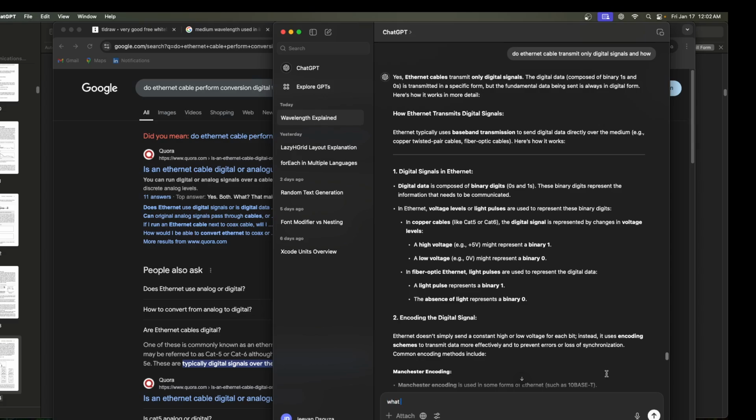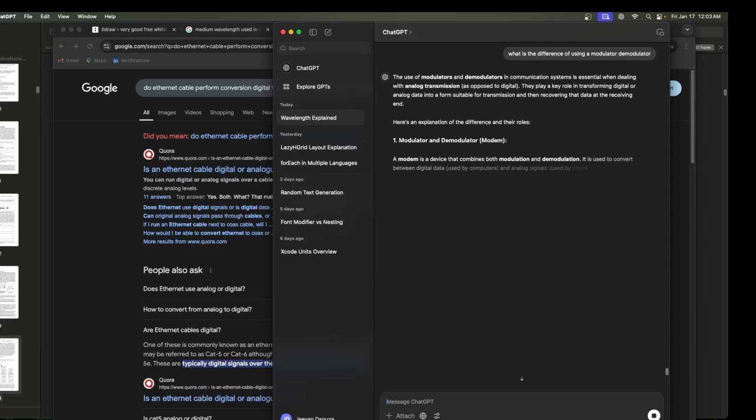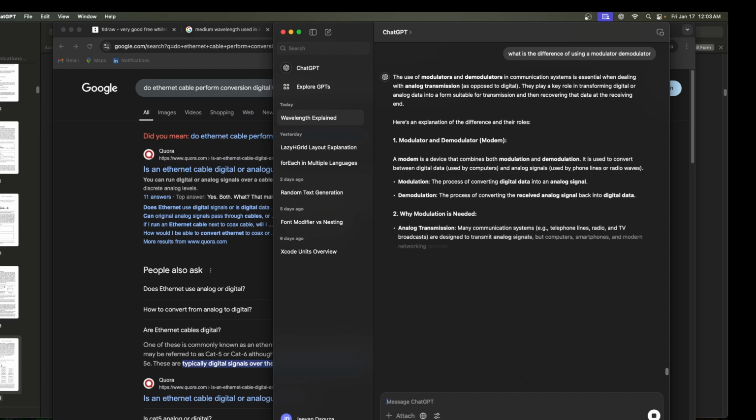So what is the difference of using a modulator and demodulator? What's the advantage?